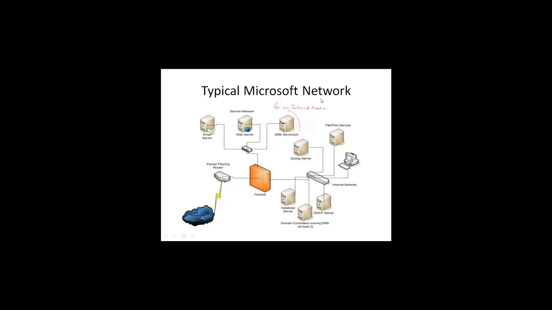You have to do this. So here's our two DNS servers for our internet domain. And the only thing these DNS servers are going to do, these will answer, let's call this external.